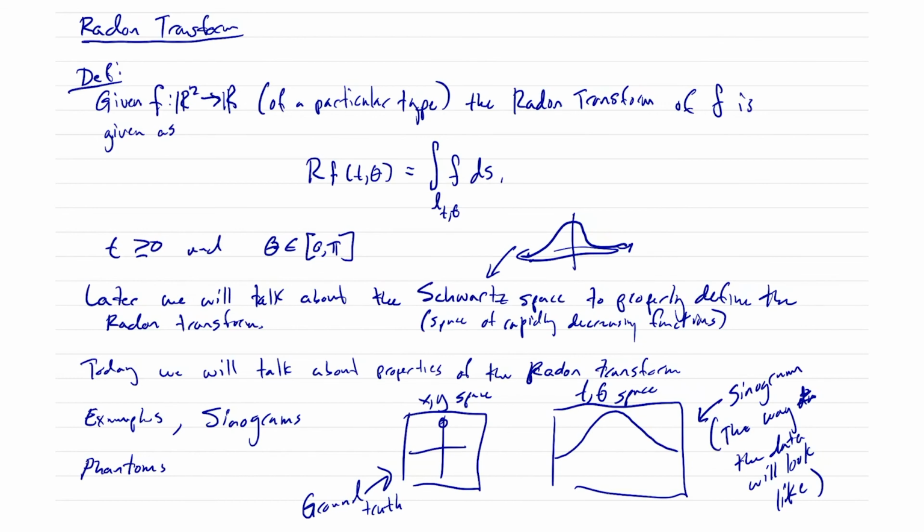So then you know that if you see an error, that error is purely coming from your algorithm itself. But we have to build up to there, so first we're going to talk about the Radon transform, some examples, and its properties. Okay, so let's go ahead and jump into it.